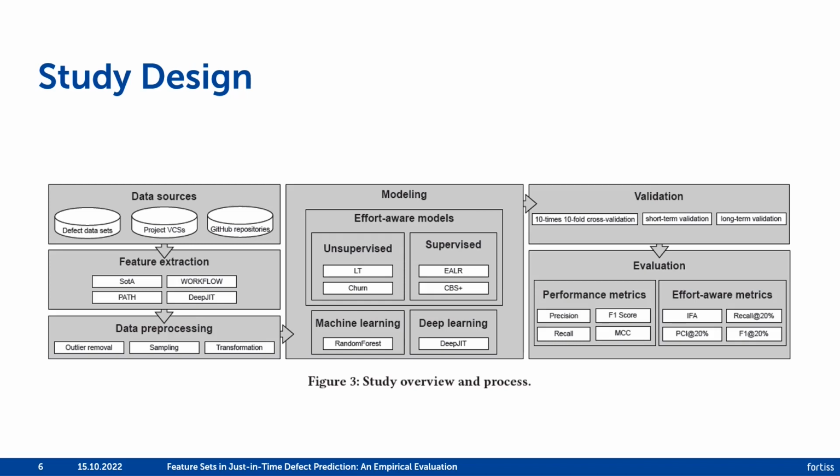We then did some data processing, neglected outliers, and also because of the imbalanced nature of the data sets, did apply random downsampling.